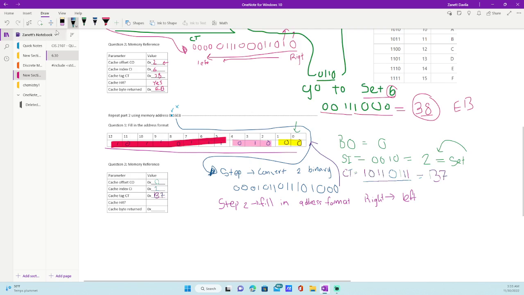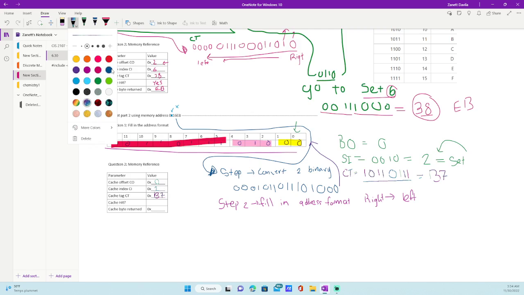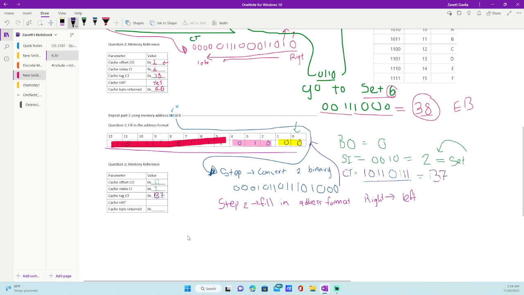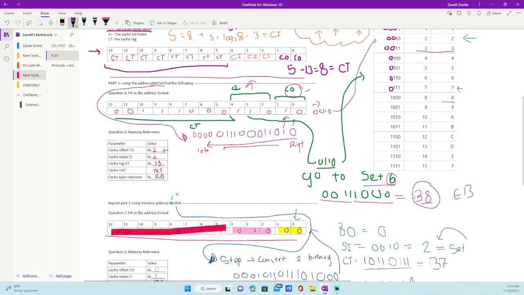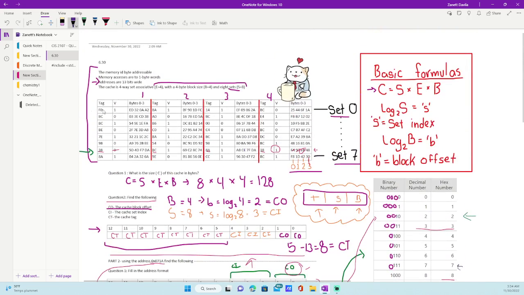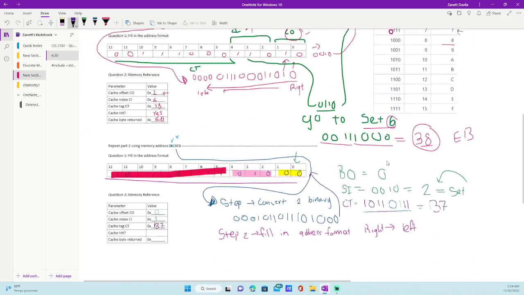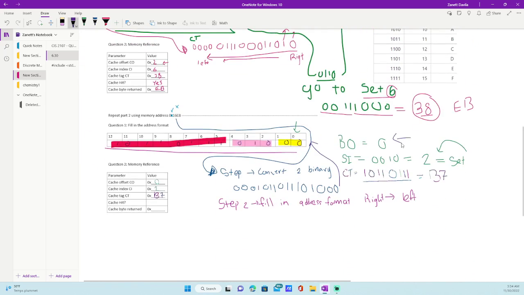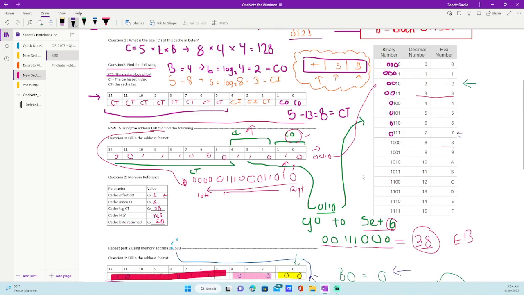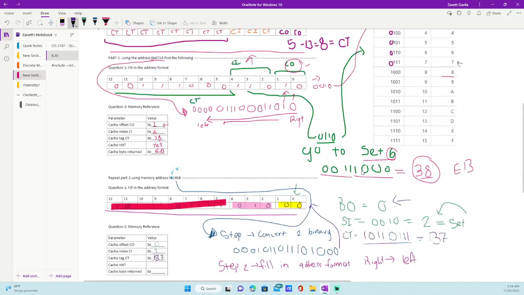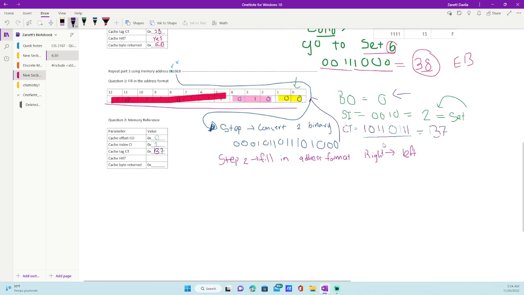Now we're going to determine if it's a hit or miss. And I'm going to do this in color purple. So now we're going to be looking at set 2. 0, 1, 2. Set 2 right here. Now, what are we going to be looking at? Block offset 0. No, sorry. What are we going to be looking at?